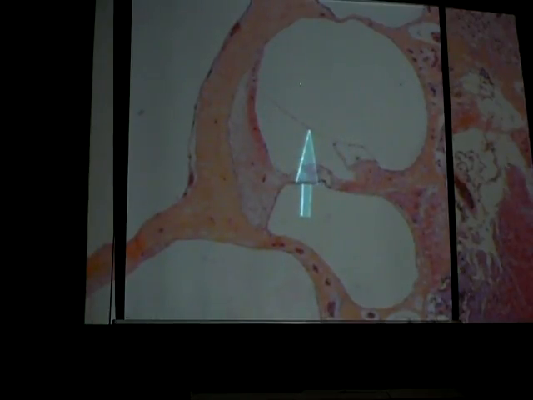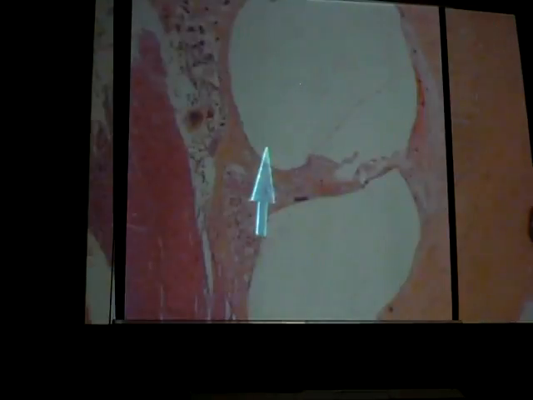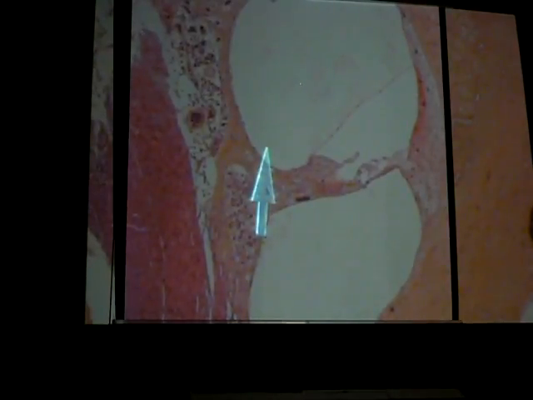Remember the vestibular membrane, whatever is on that side, that's your scala vestibuli. That's your organ of Corti. This would be your basilar membrane. Below that would be your scala tympani. And this would be our stria vascularis on this side. In this one we're seeing the orientation the other way around.